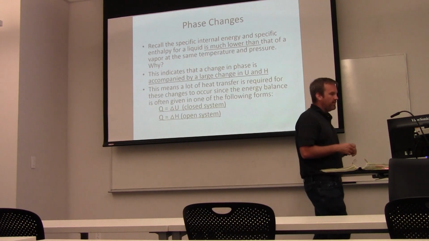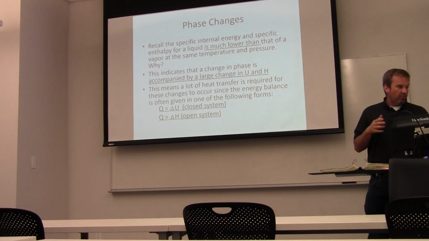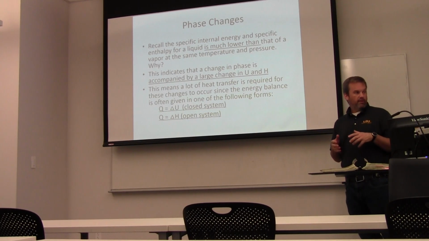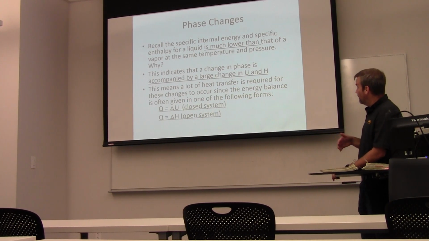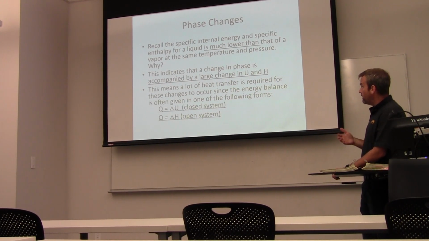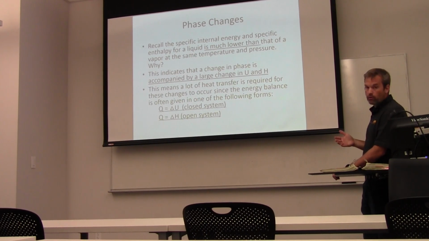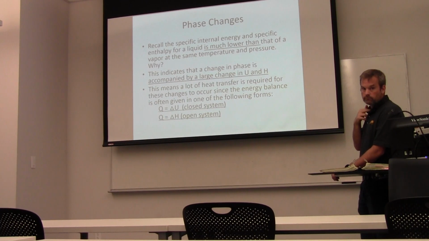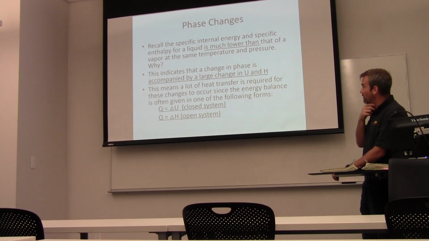All right, if you think back to the steam tables even, the specific internal energy and the specific enthalpy for a liquid, they're much lower than for the vapor at the same temperature and pressure. Why is that? You probably remember that from chapter 7.